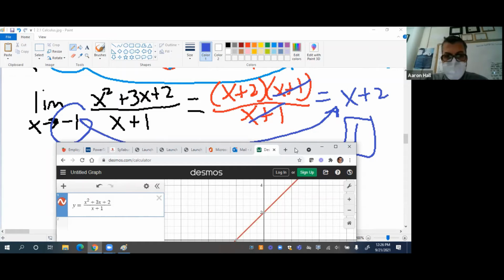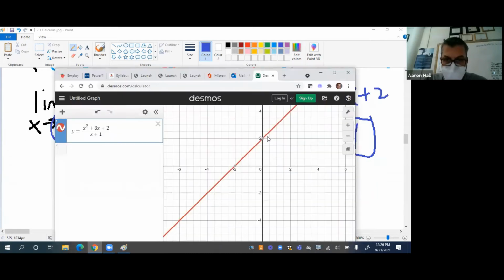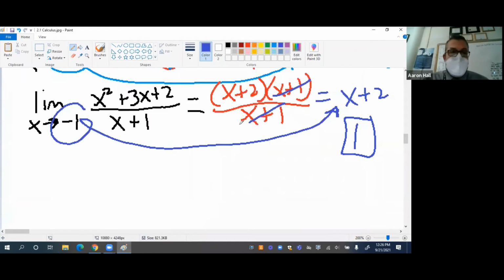Now what happens? We found out the answer is 1 when x approaches -1. We can see it's undefined right there, but if you go across to the y-axis, what do we get? 1. So the answer should be 1. All right, next one.